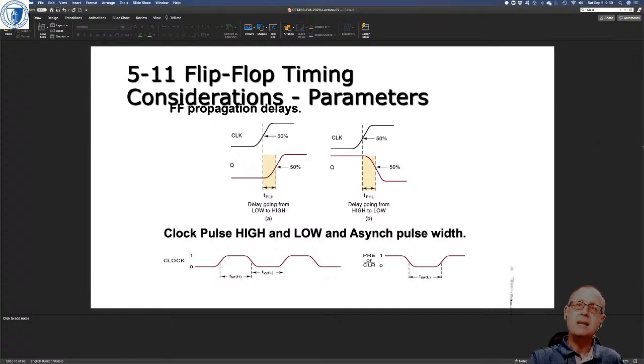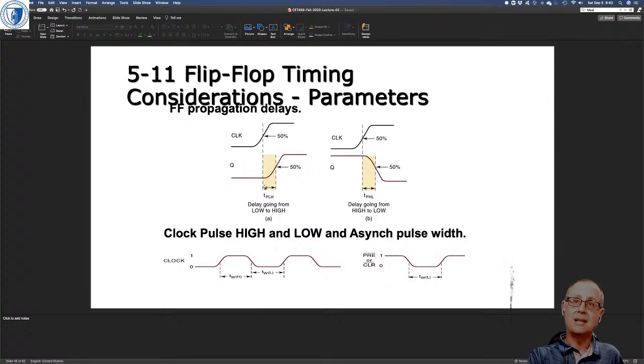So what that means in real life is that instead of the clock abruptly transitioning, it transitions something more like this. And as a result, you get a slight delay in what happens on the output. The output also takes a little bit of time to transition because it also has a bit of either stray capacitance or stray inductance, so it's going to have the same sort of shape.